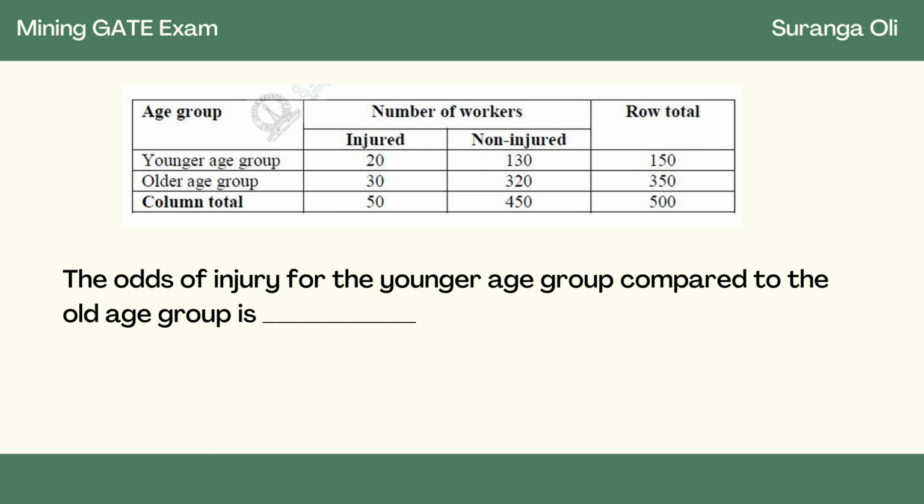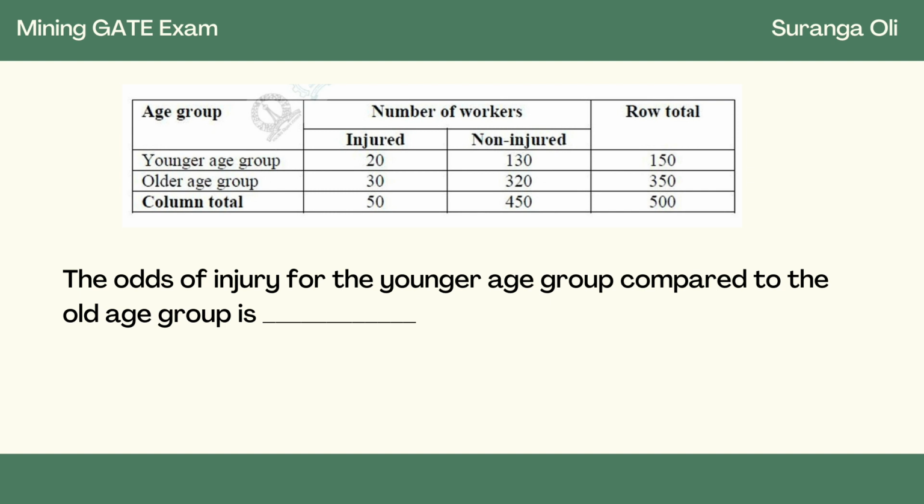In the younger age group, the total number of persons injured are 20, non-injured persons are 130. So the total number of persons employed in the younger age group is 150. In the older age group, 30 persons are injured, non-injured are 320 persons.